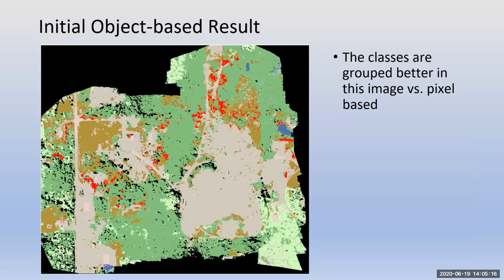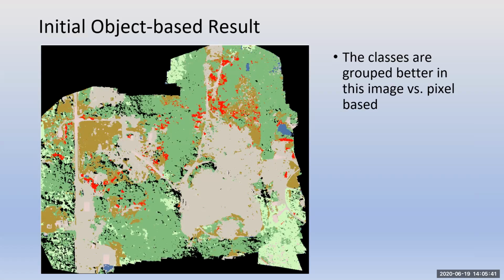So this is our initial result of our object-based classification. It looks very similar to our final result over pixel-based. So with fewer steps for the object-based, it seemed like we were headed on the right track. But there's still a lot of red out there.